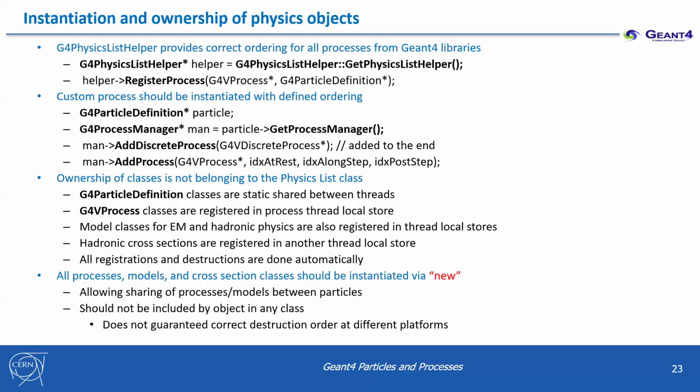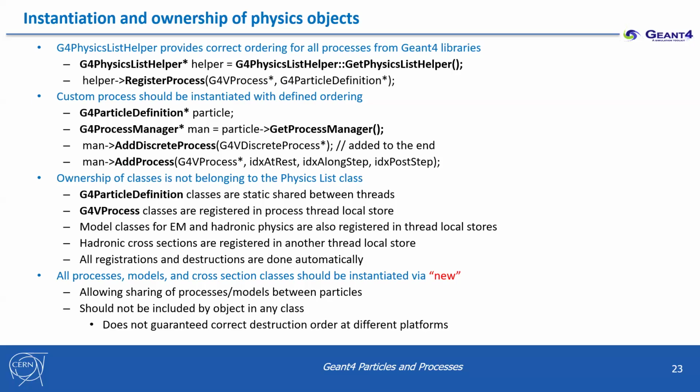In G4, it is quite complicated. We do this complicated structure in order to be effective. So it is not because we don't know the C++ rules, but because we have a specific simulation task.